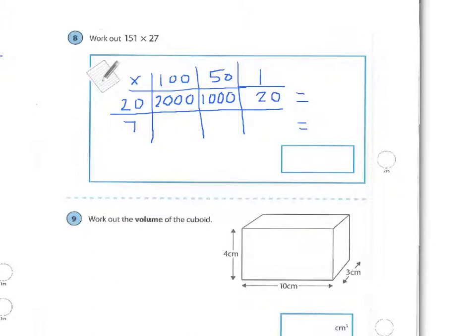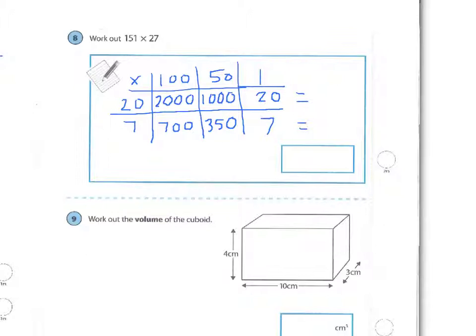Okay, bottom left, 7 times 100 is 700. Bottom middle, 7 times 50 is really 7 times 5. But then you add the 0 because it's worth 50. And finally, 1 times 7 is 7. Now, what helps next is if you add up each of those rows with 3 numbers.